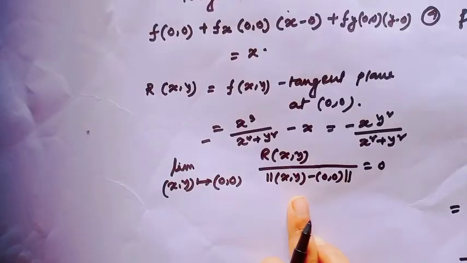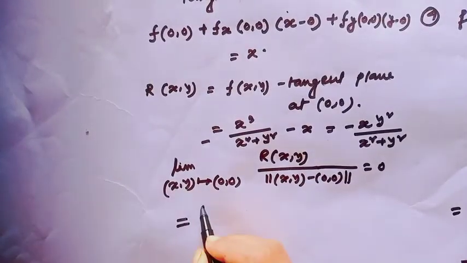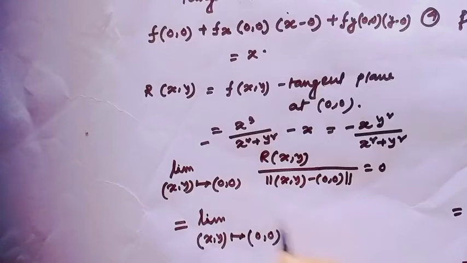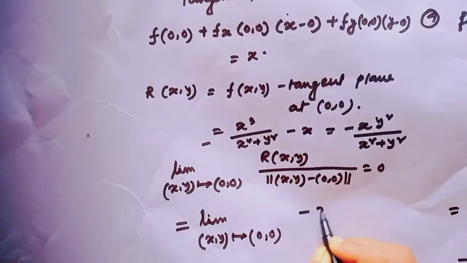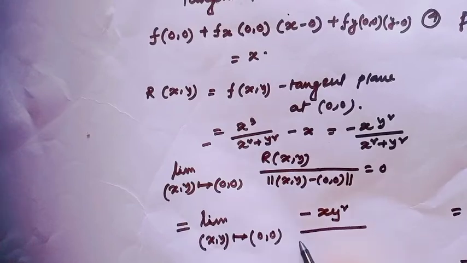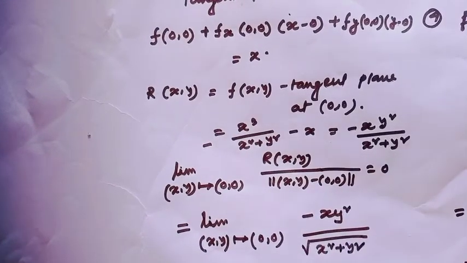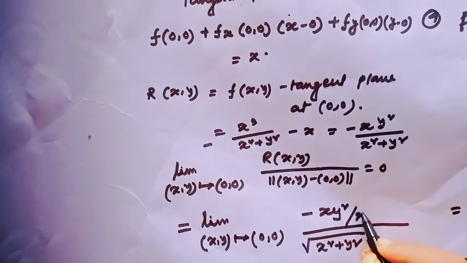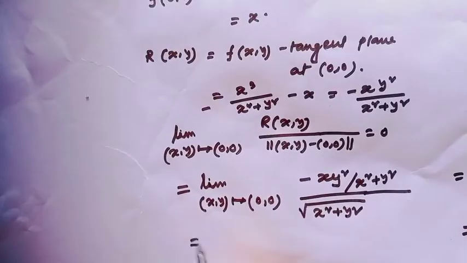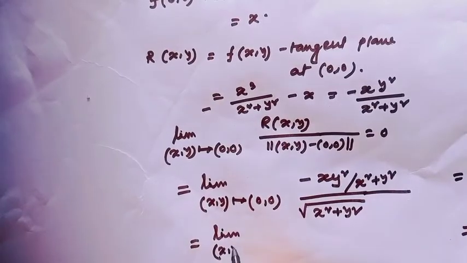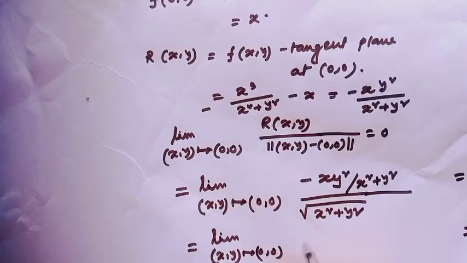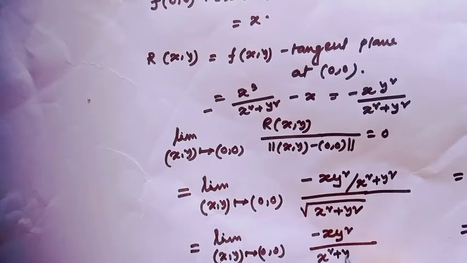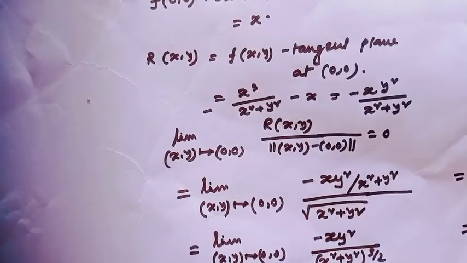Now we have to find this limit equal to 0, and this is equal to the limit (x, y) tends to (0, 0) of r(x, y), which equals minus x y square over x square plus y square, divided by the square root of x square plus y square, which is minus x y square over x square plus y square to the power 3 over 2.